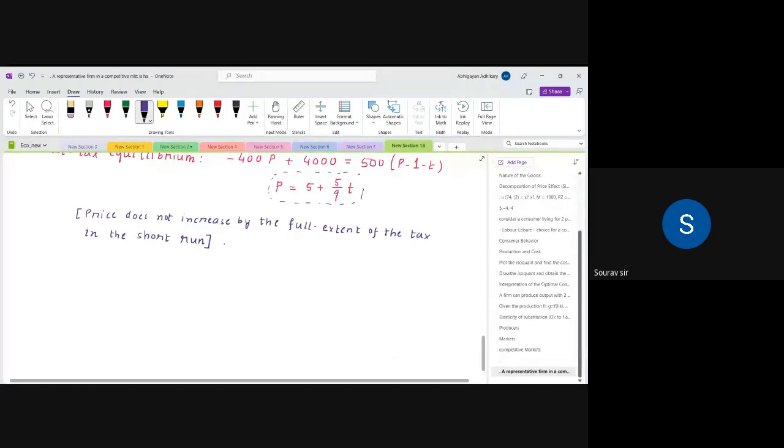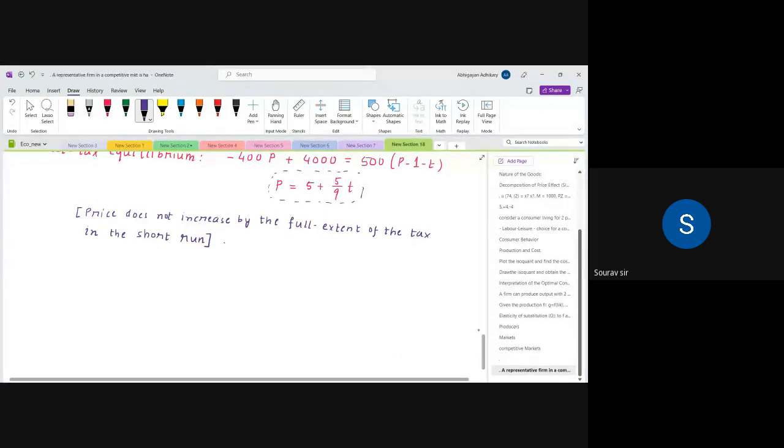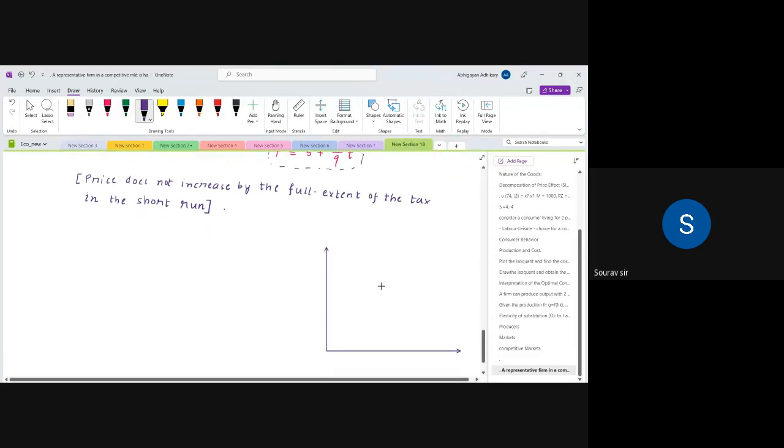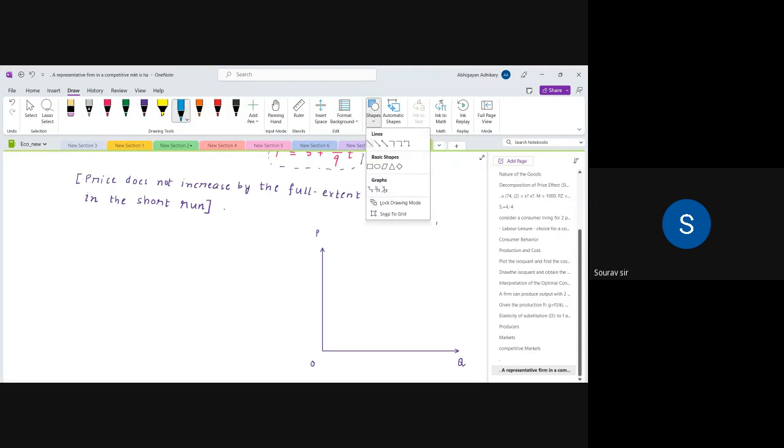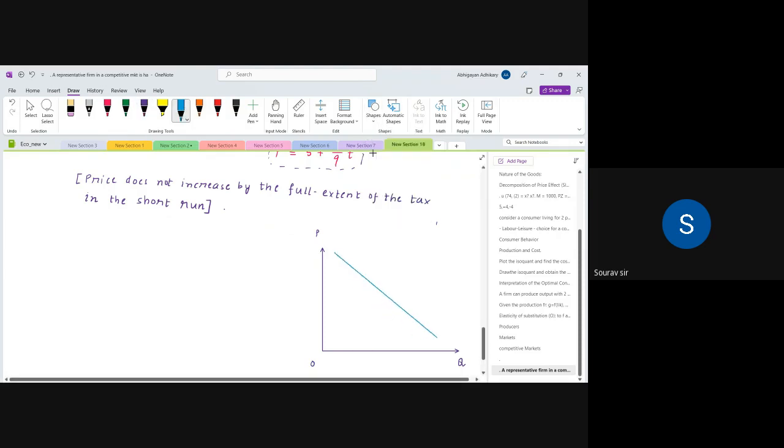So if I now plot the entire thing graphically, the usual market diagram, this is quantity over here, price over here, negatively sloped demand, D of P. The pre-tax supply will be something like this.